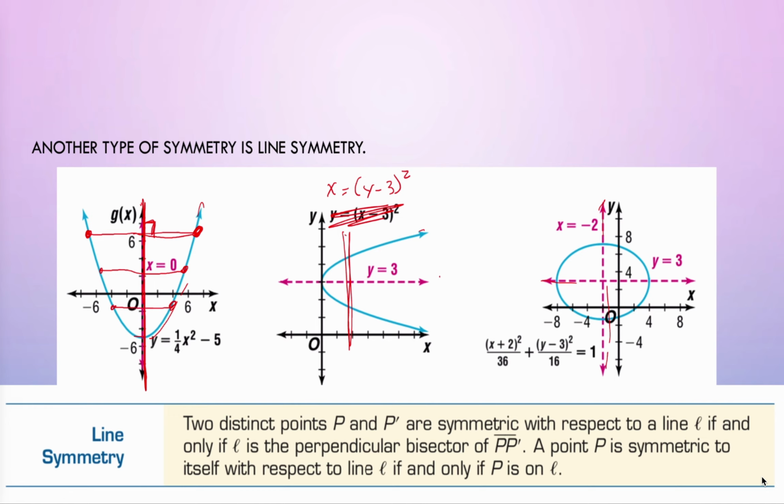Right here, we can draw a line and hit another point. This is the kind of symmetry that you learned about in, like, kindergarten.